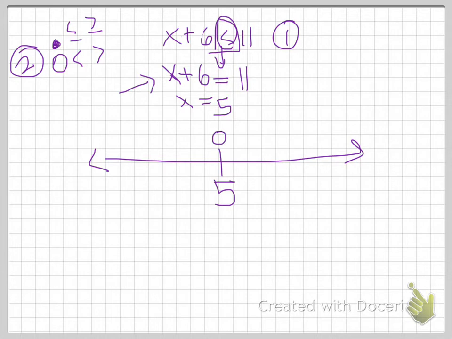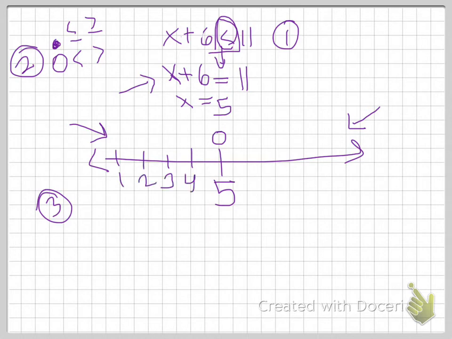And then that leaves us with our final step, which is testing some points and figuring out which direction to draw our arrow. So we need to pick 2 points: 1 point that comes before 5 and 1 point that comes after 5. It doesn't really matter which point you choose as long as one of them is before and one of them is after.